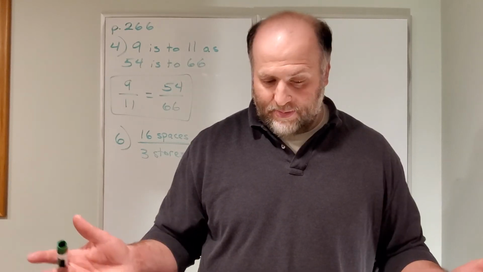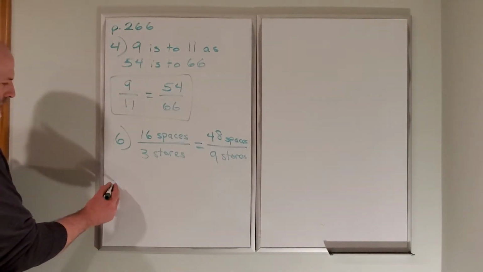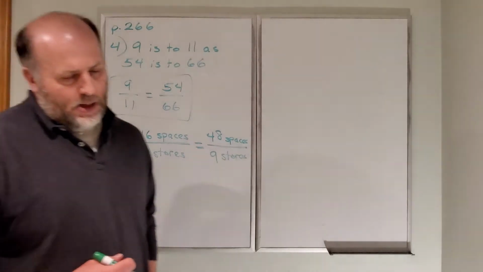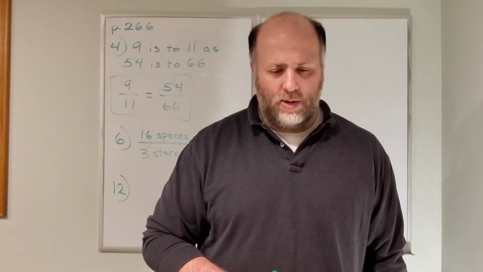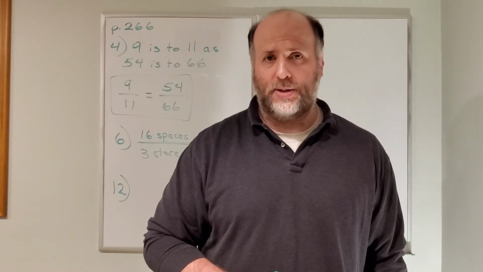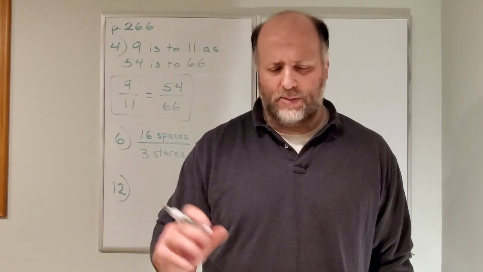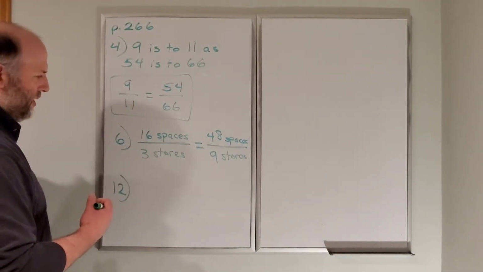Number 12, just slightly more interesting numbers here, but the same idea really. So they say if it takes 2 1/4 yards of material to make 1 skirt, it will take 9 yards to make 4 skirts. So it sounds like more of an assertion, but really they do have a proportion couched within there.